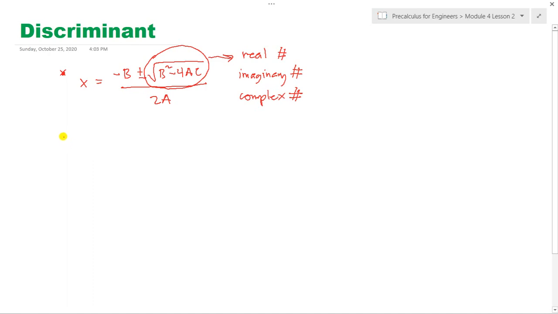So, we have these types. We are only looking at the expression inside the square root, because this is our criteria here. The expression inside the square root sign, b squared minus 4ac, is considered our discriminant.